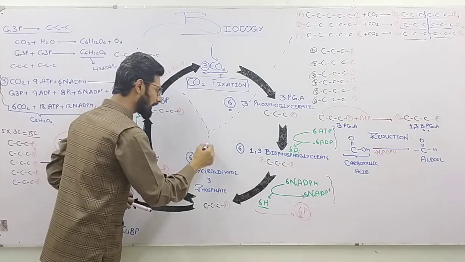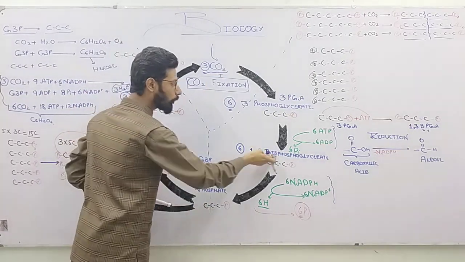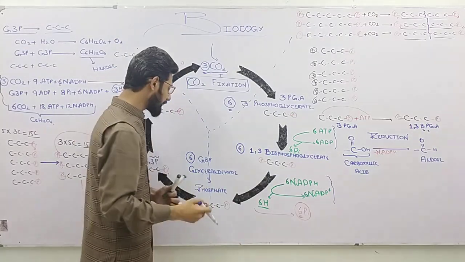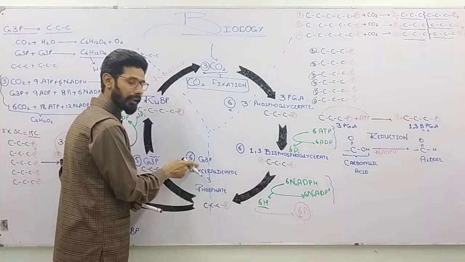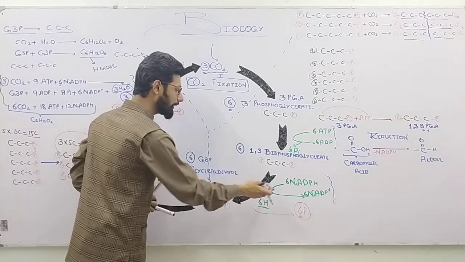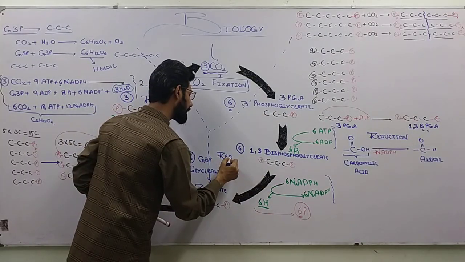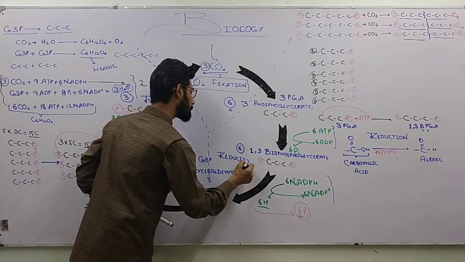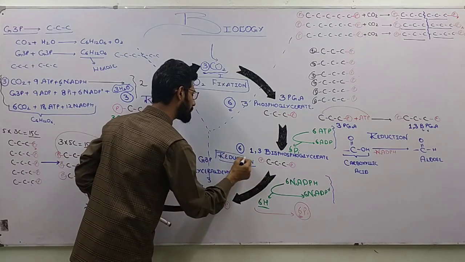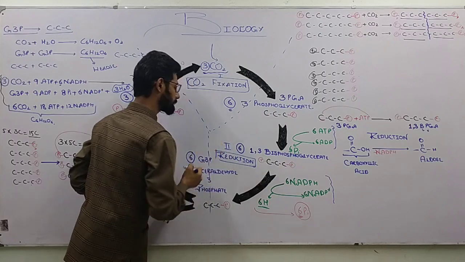The second step is the reduction process, in which 1,3-bisphosphoglycerate is converted into glyceraldehyde 3-phosphate. This process is known as reduction, the second step of this cycle.